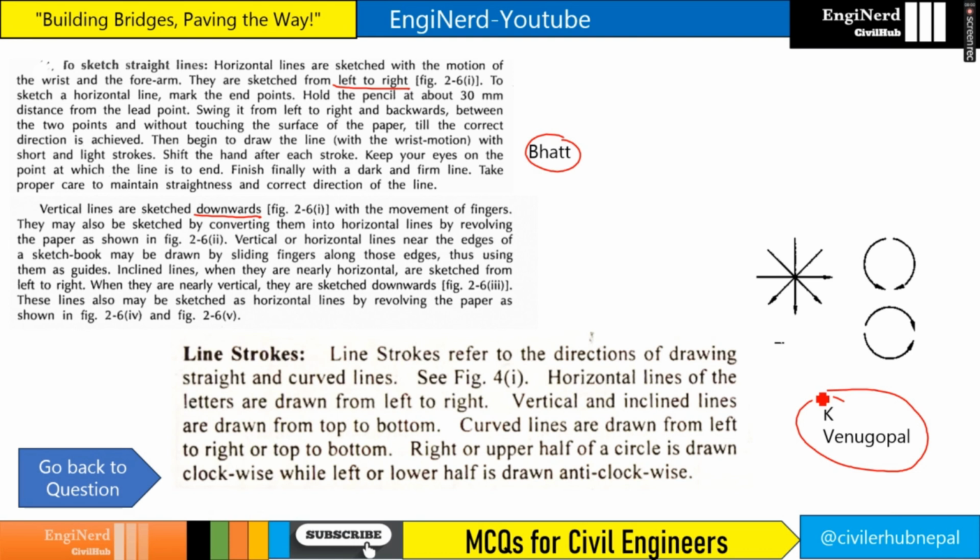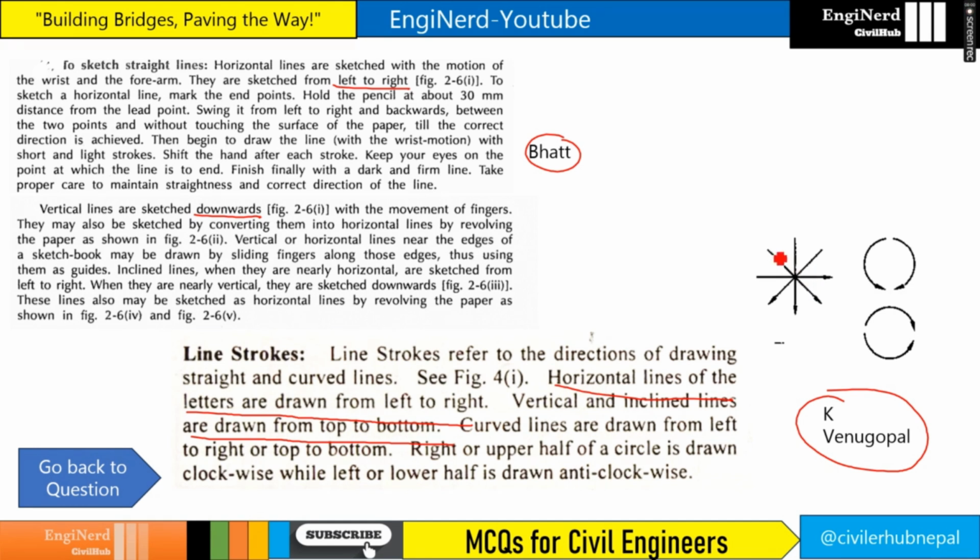Venugopal has also given this particular answer. So if we see his book Engineering Drawing by Venugopal, you can find horizontal lines of the letters are drawn from left to right and vertical and inclined lines are drawn from top to bottom.